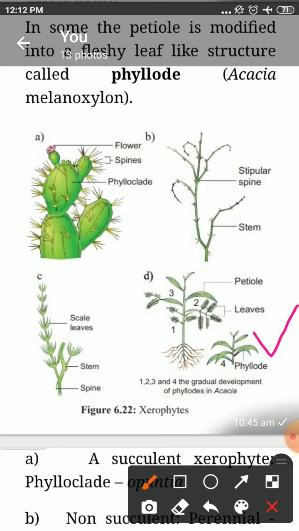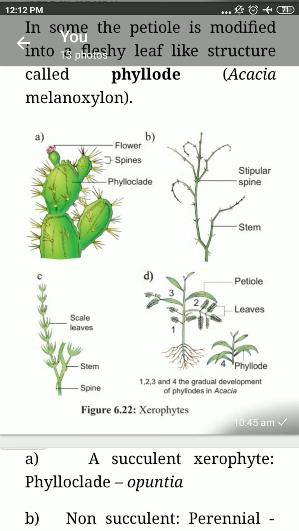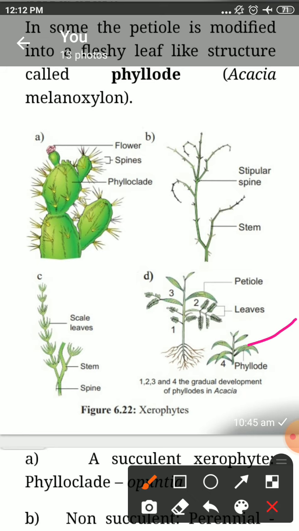This plant is known as the Australian acacia. This Australian acacia shows leaf-like structures. In fact, these are not leaves, but petioles modified into broader lamina-like structures.